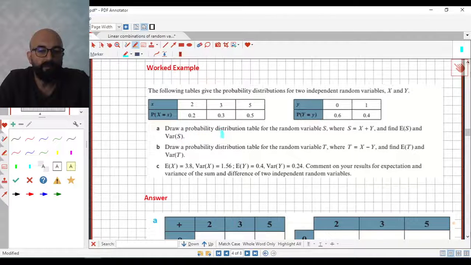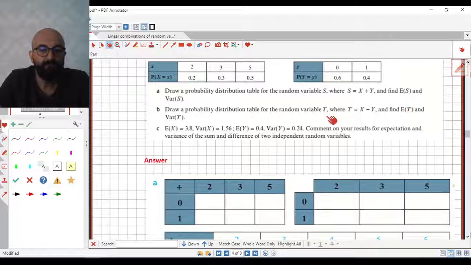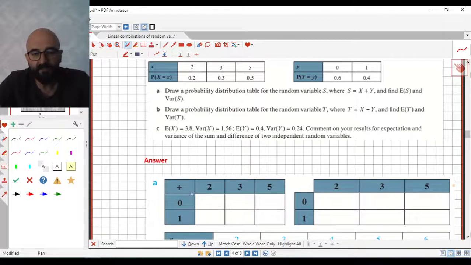Draw a probability distribution table for the random variable S, where S means X plus Y, and find the expected value of S and the variance of S. To fill up the table, the situations are 2 plus 0, 3 plus 0, 5 plus 0 giving 2, 3, 5, and with 1 giving 3, 4, 6.